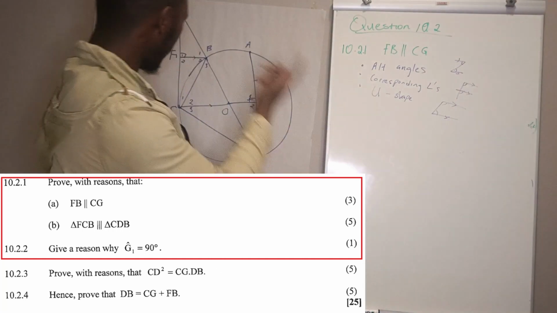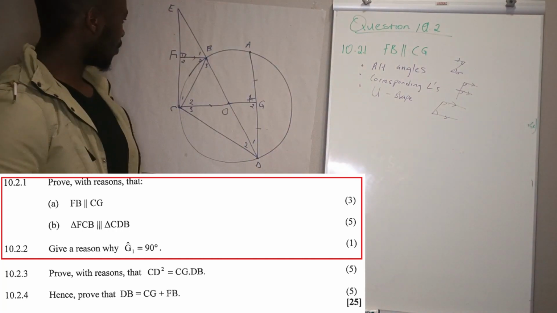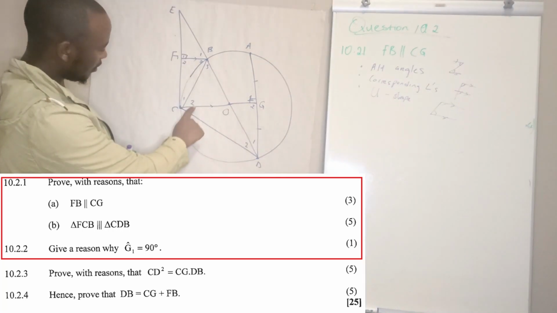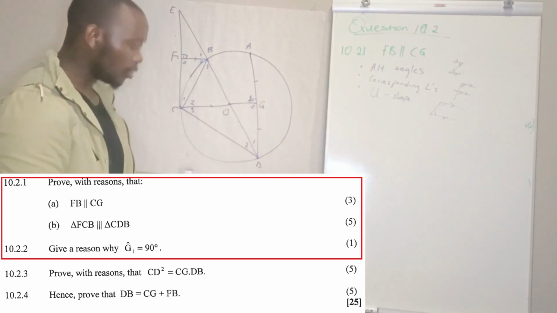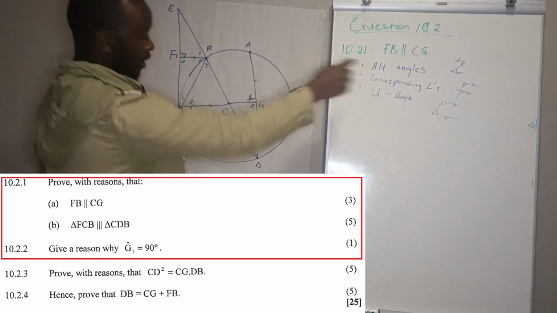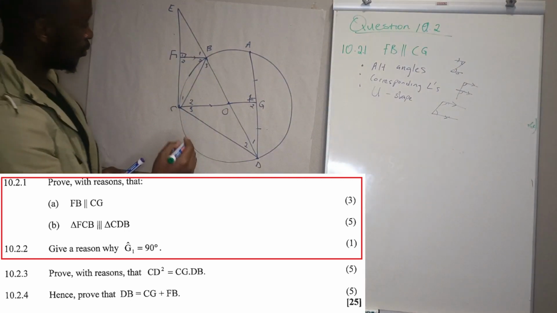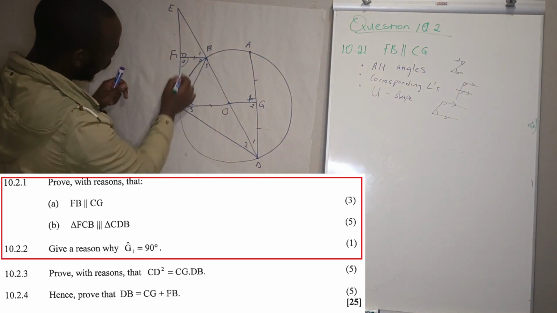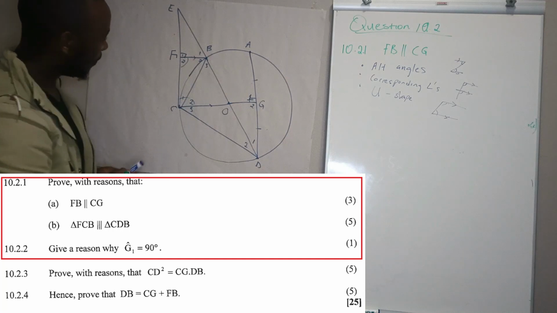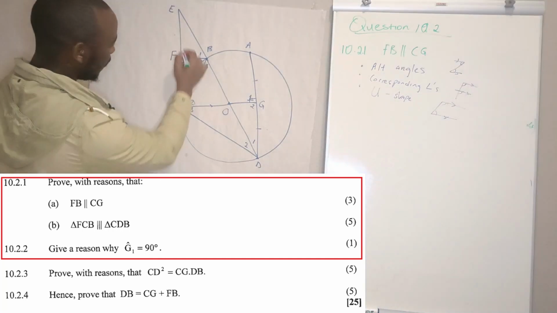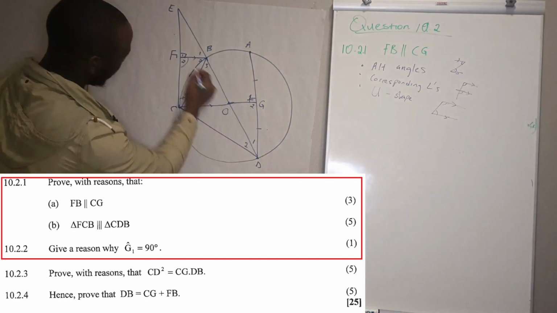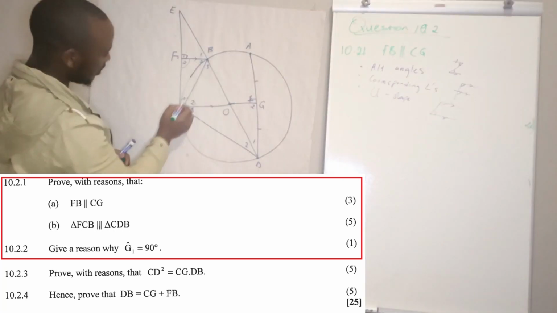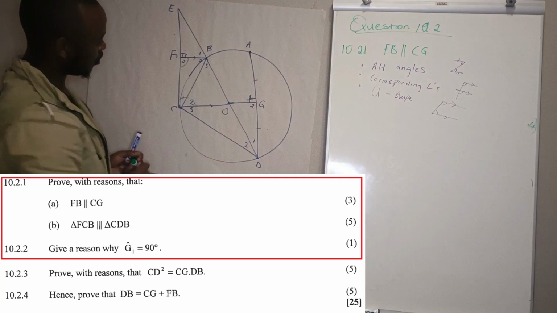Okay, so to go back to this sketch, to prove that FB is parallel to CG, we have to go back here. We can see that if these lines are parallel, we are already forming that U in here. There's already an F. If you look at this shape here, this is an F. So we can try and prove that this indeed is equal to this.